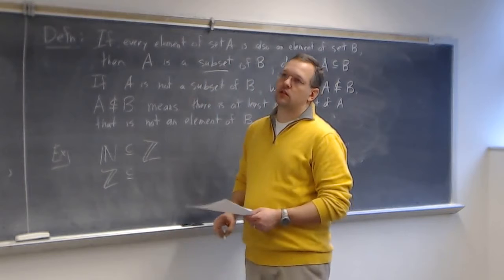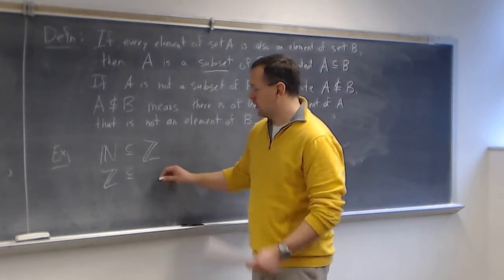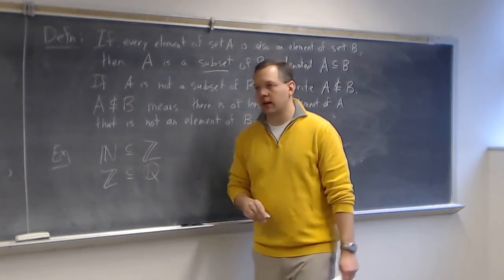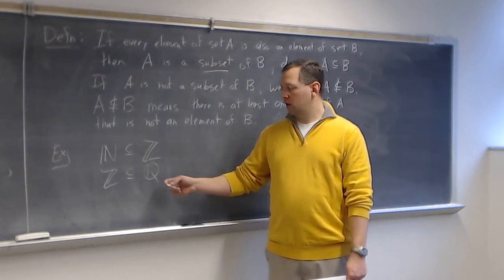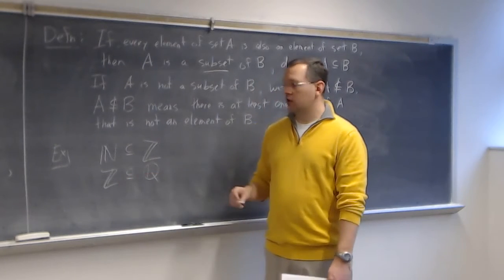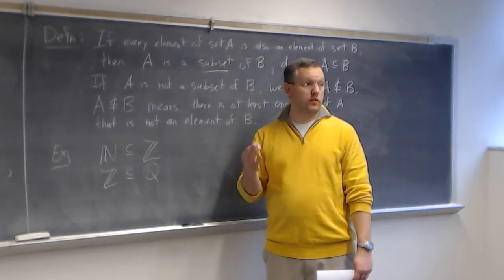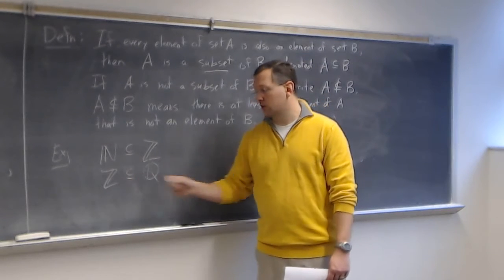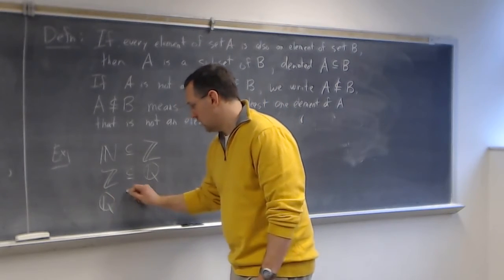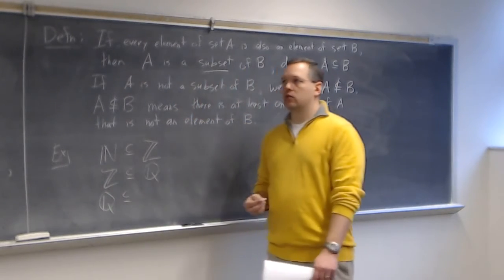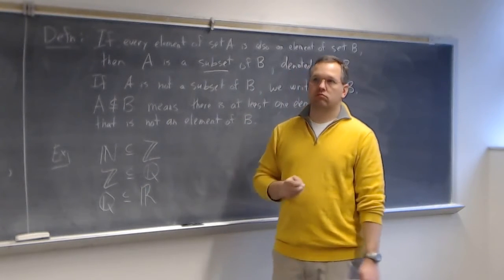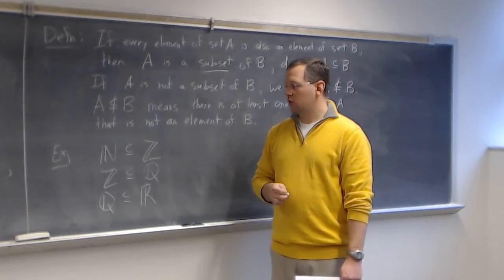How about the integers are a subset of this set? Remember what this is? The rationals, Q for quotient. Every integer is a rational number, so the integers are a subset of the rationals. The rationals are a subset of all real numbers. These are all true statements.